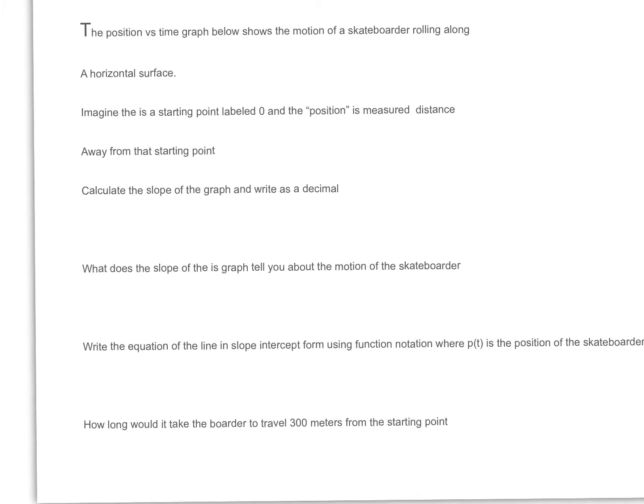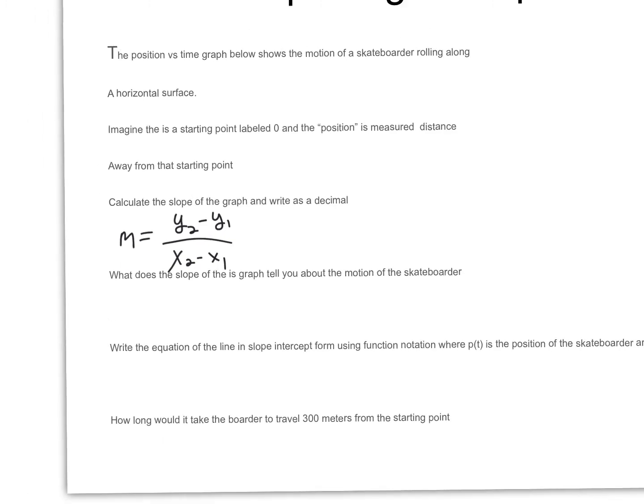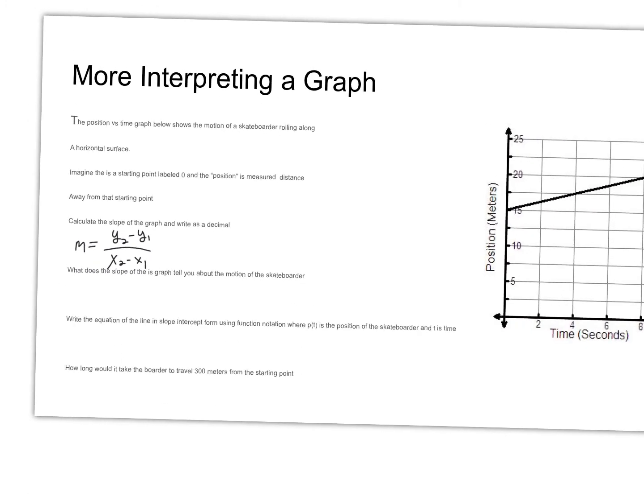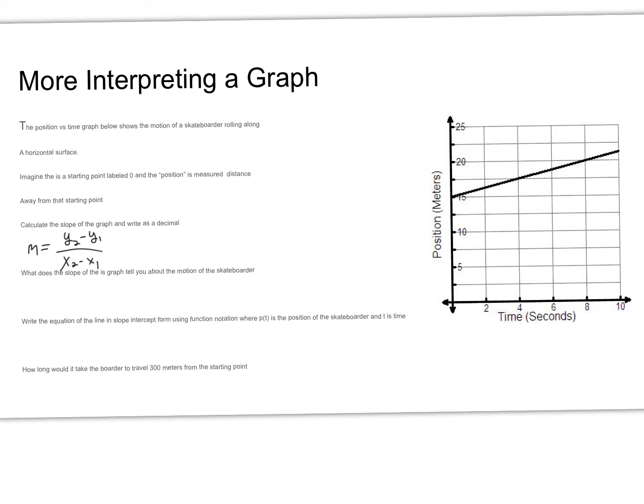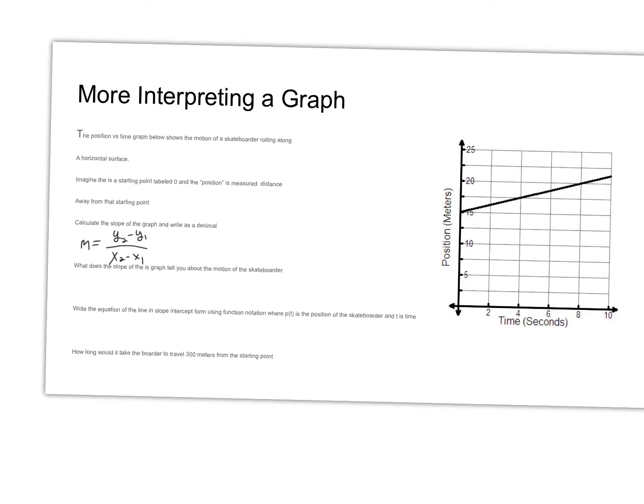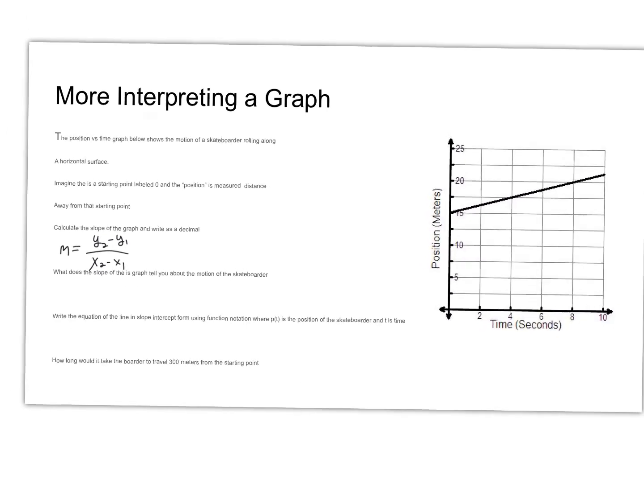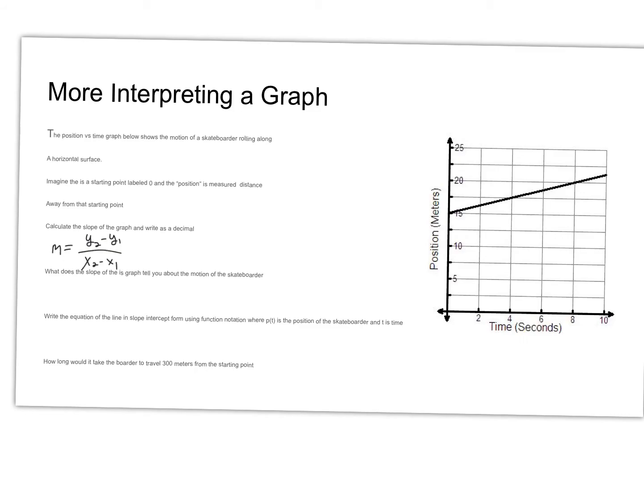Now again, remember to find slope, m is equal to y2 minus y1 all over x2 minus x1. So we need to look at our graph and get 2 nice points. So let's scooch over and look at our graph. We want nice intersections if we can, so we don't have to estimate.